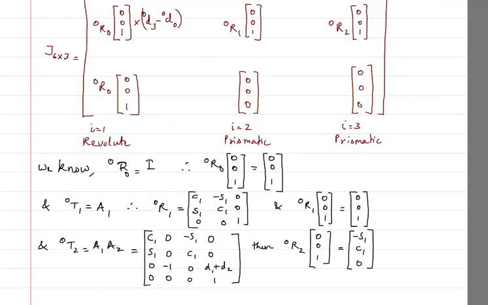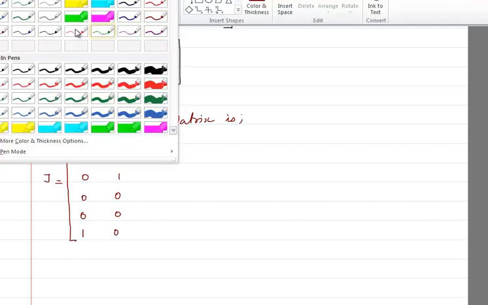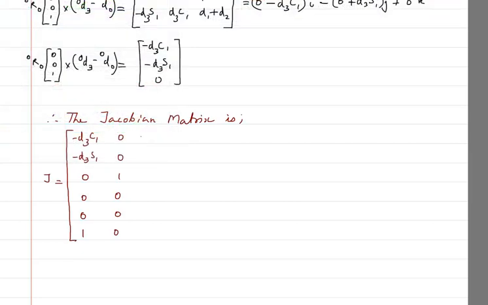Finally the last one is again 0 2 0 into 0 0 1, which we have minus s1 c1 0. So that if I am going to write here, I will get minus s1 c1 0 followed by three zeros because it's a prismatic one.